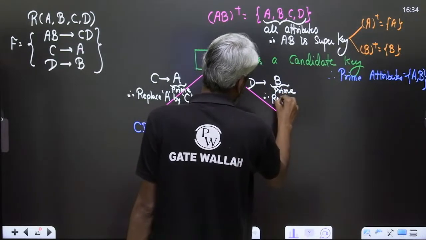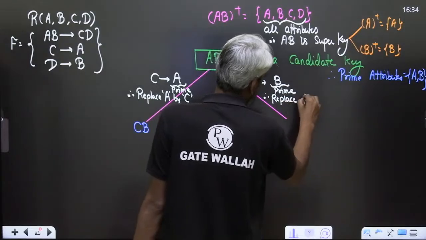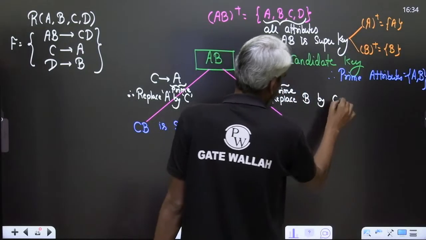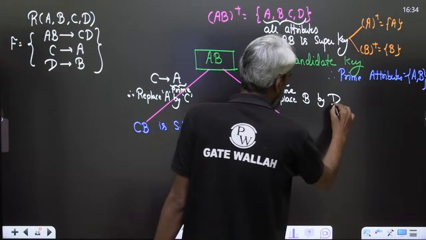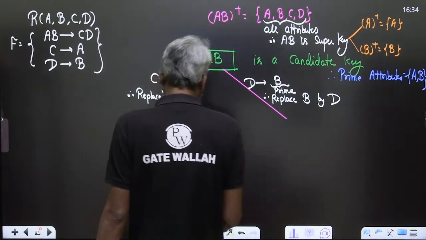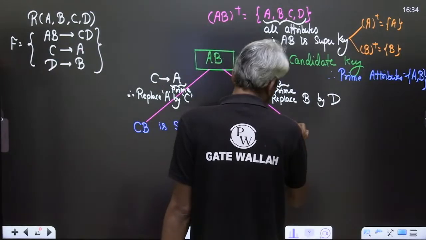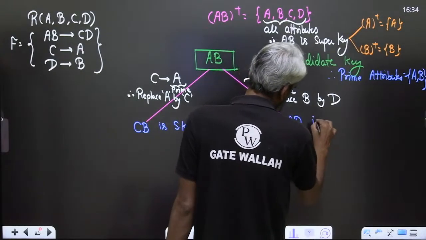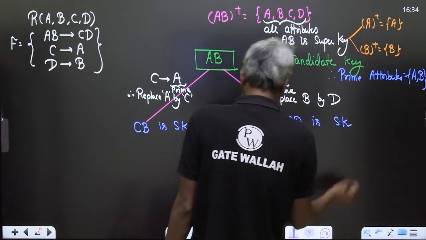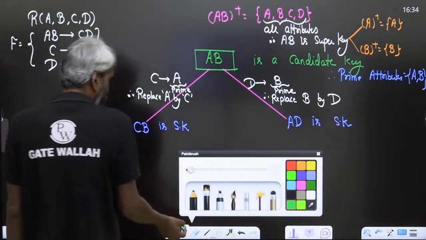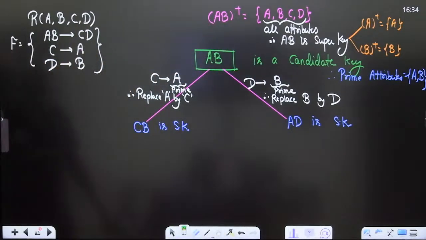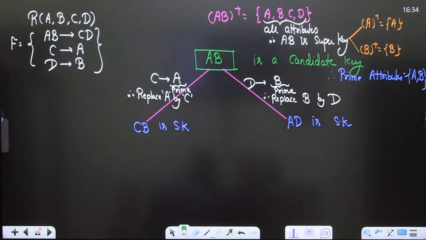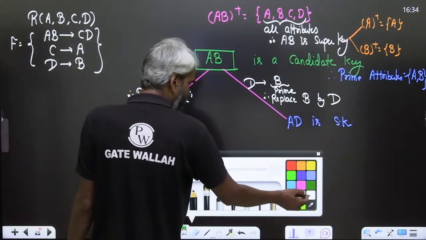Therefore, replace B by D, and you will get AD is a super key. C closure will be C and A only, B closure will be B only. So no proper subset of CB is a super key. Therefore, CB is a candidate key.